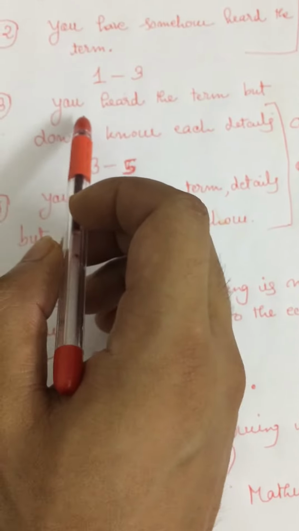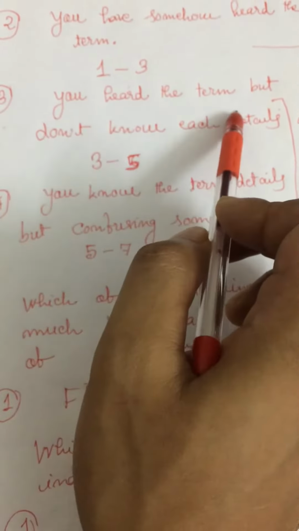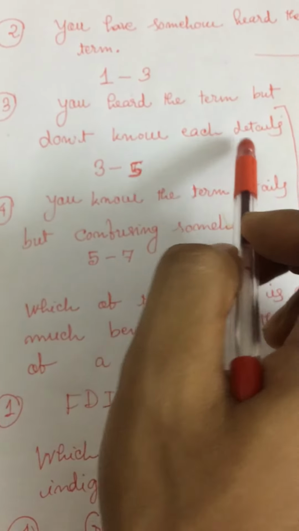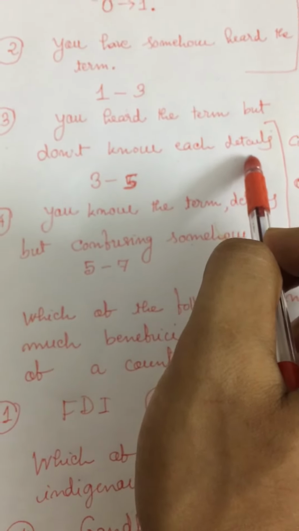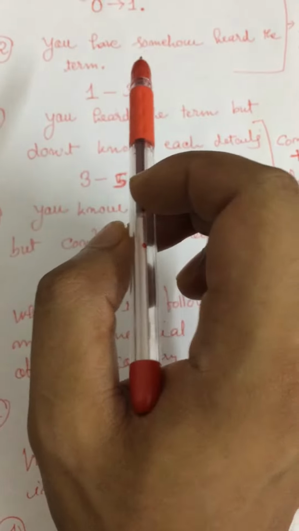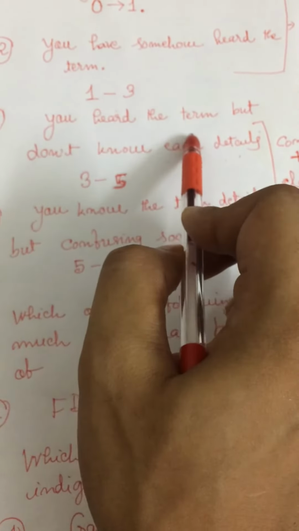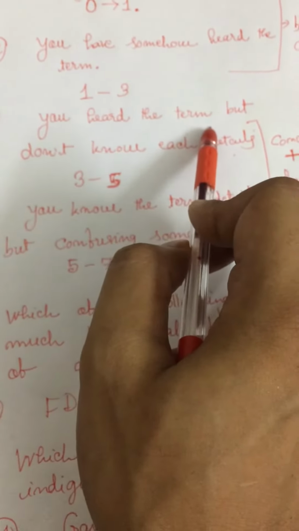Then, you heard the term but don't know its details. You know you have heard the term very well, but the question has 2-3 options regarding the term, and you don't know every option. Then your score is 3.5.